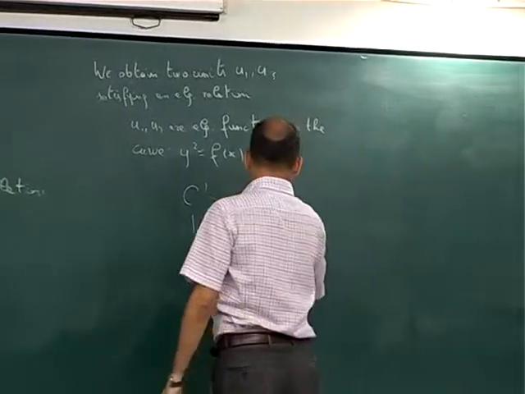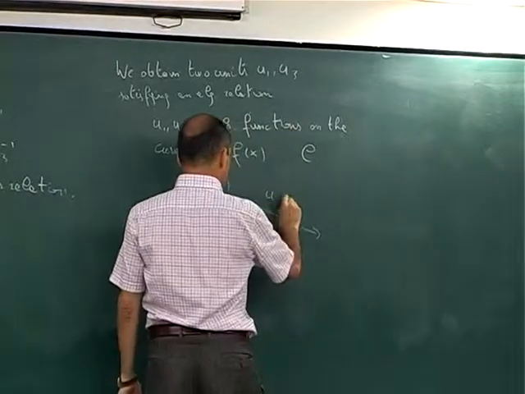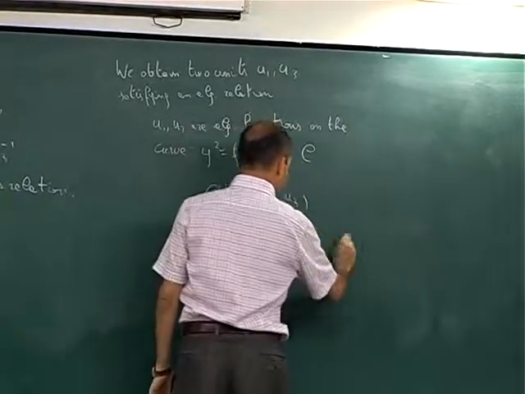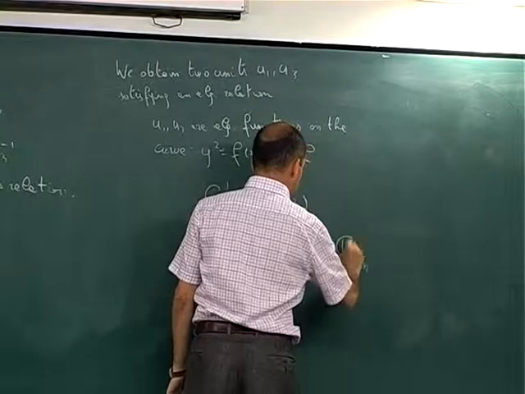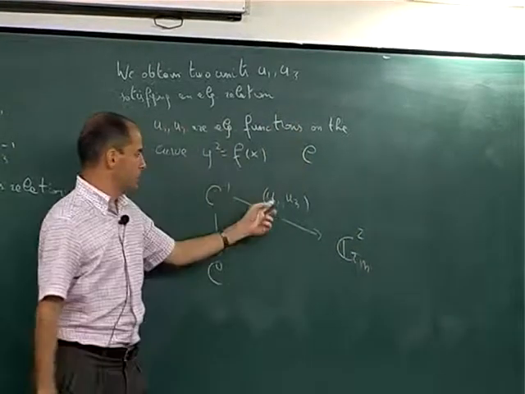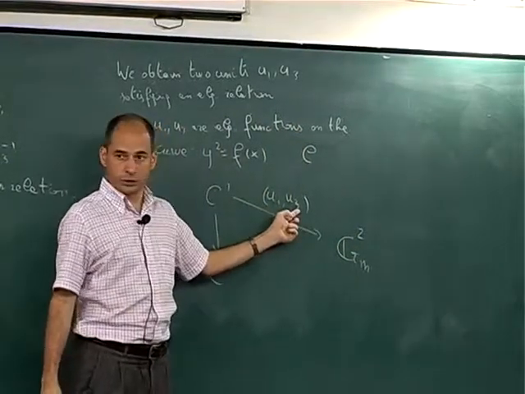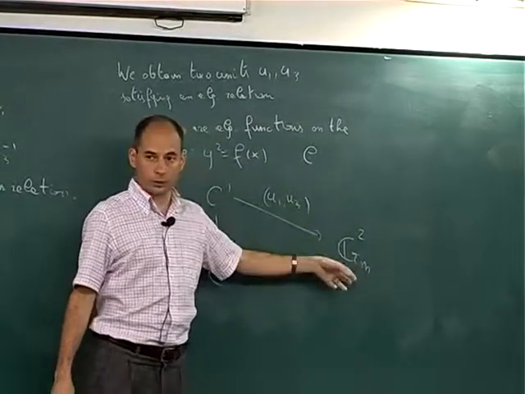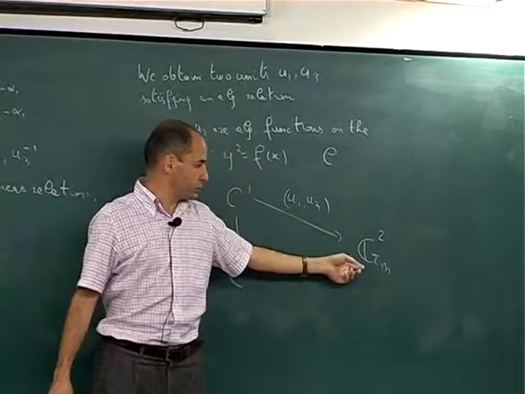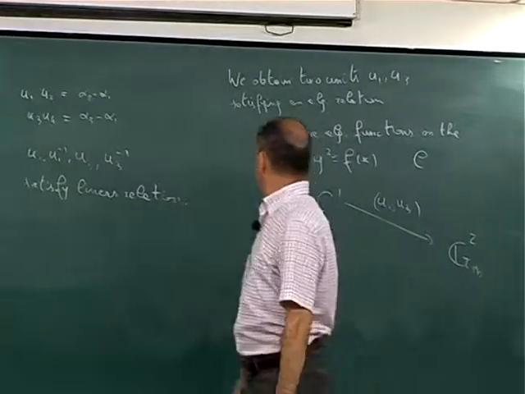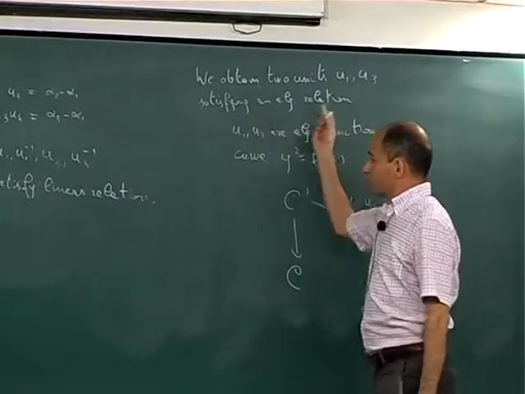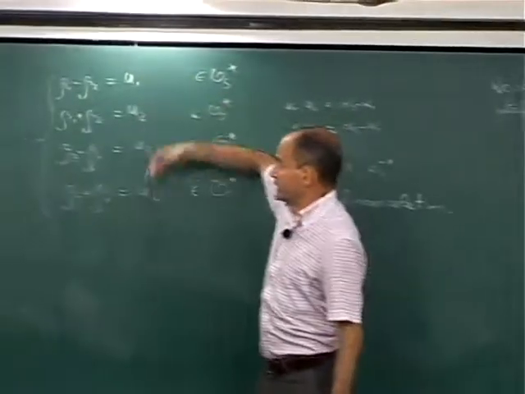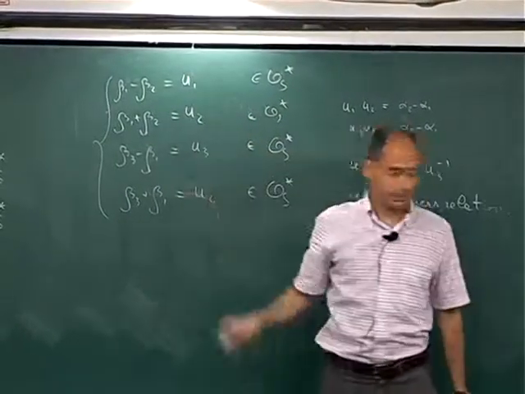And they give a map to G_m square, because they are never vanishing, and the image is contained in a certain curve, and the equation for this curve is the algebraic relation which is obtained from here, eliminating the betas.